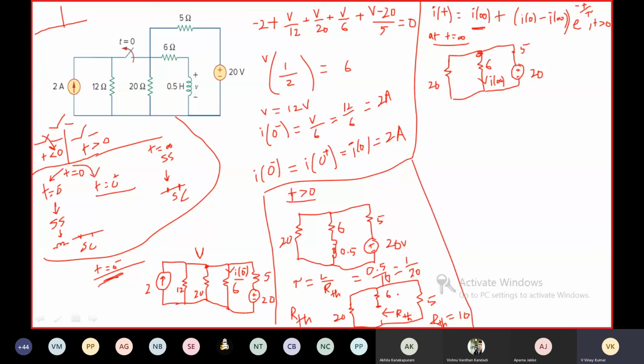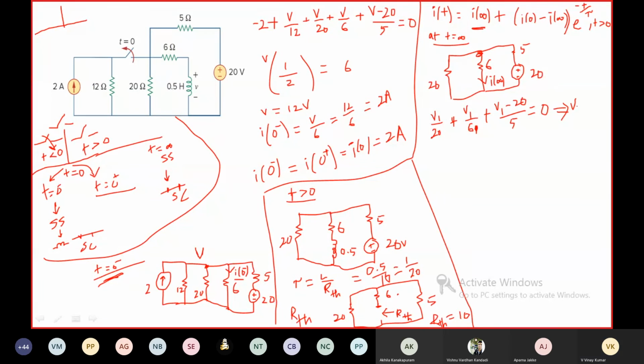Apply KCL at this node. V1 by 20 plus V1 by 6, sorry, V1 by 6, plus V1 minus 20 by 5 is equal to 0. From this, you are going to get V1.